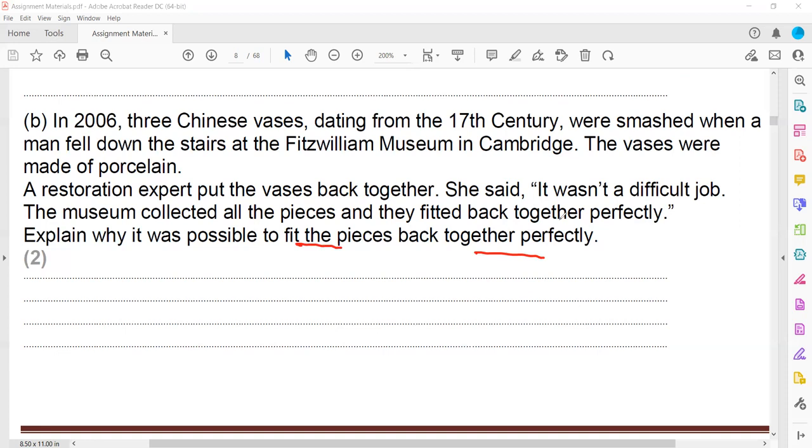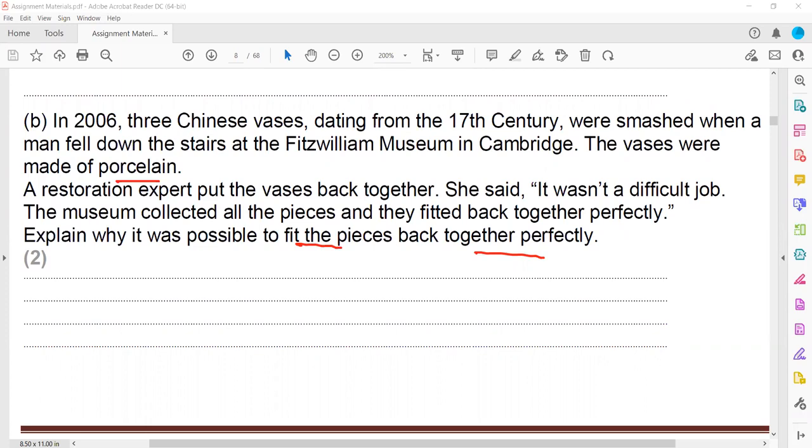For a vase, when it breaks down and it was made of porcelain, why was it easy to arrange or fix the pieces? Because the vase is normally made of a brittle material. Brittle material means it does not undergo a lot of deformation, very little plastic deformation.